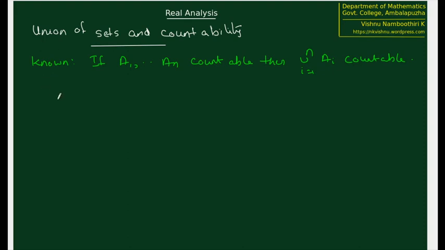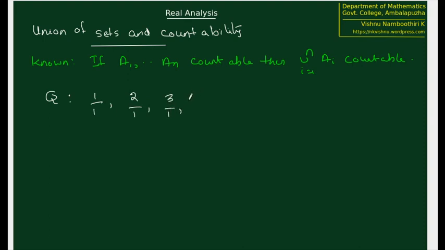This is known. Now, let us consider the set of all rationals once again to get our new question. So, set of all rationals we can write like this: 1 by 1, 2 by 1, 3 by 1.